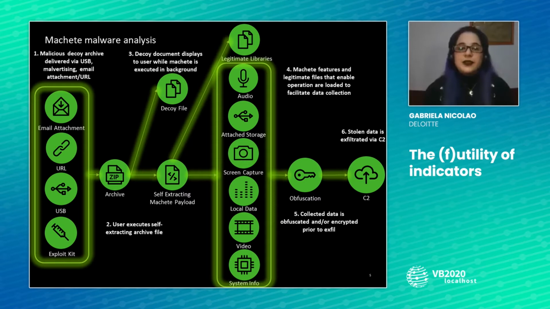At this point, a potential victim is presented with either a 7-zip or an NSIS Nullsoft SCR file, which is basically a self-extracting archive file.